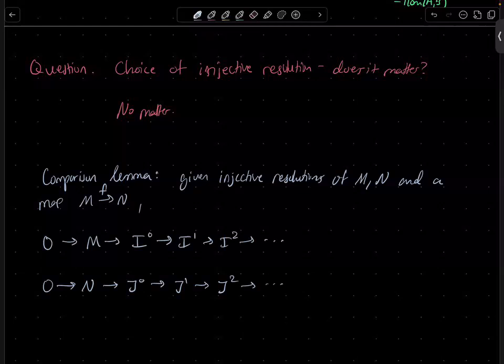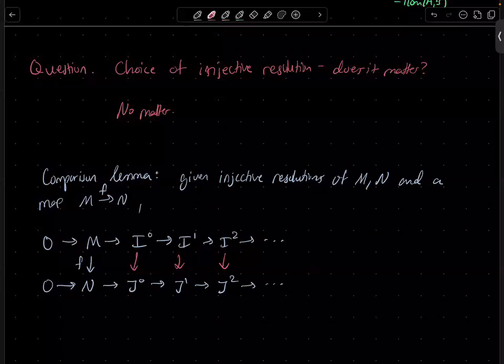And we have this map from M to N, f. With this information, I can find maps going like this. What should I call these? There just exist maps that you can form by lifting. You can lift f along these inclusions, because M includes into I^0 and N includes into J^0. You can keep lifting f in a particular way and form these maps between the I's and the J's, such that you actually get a chain map.